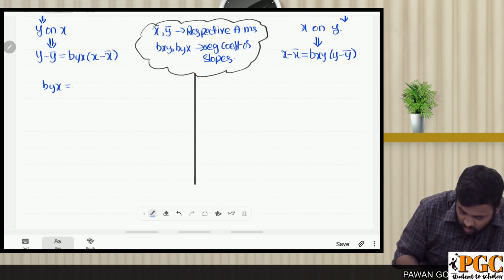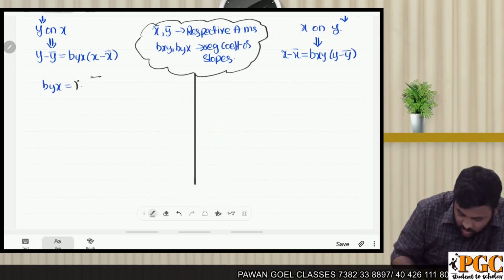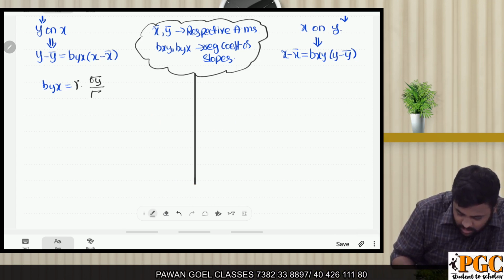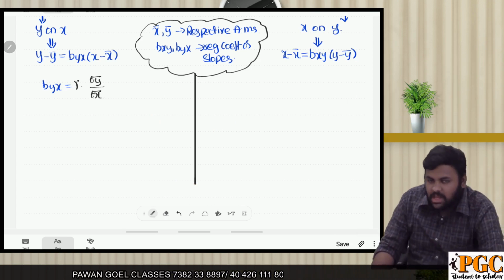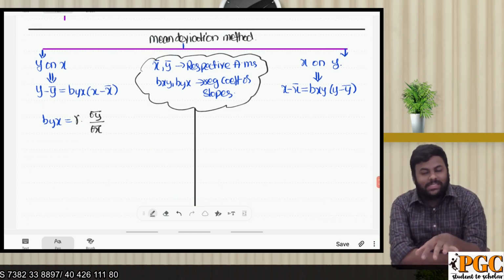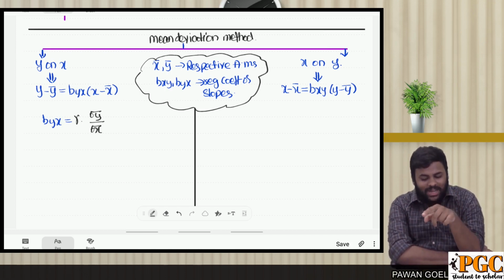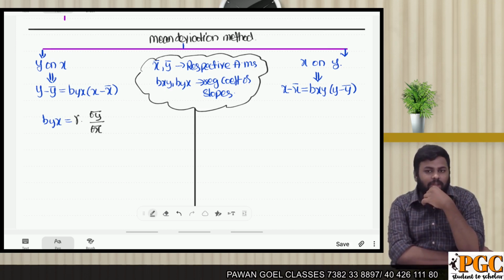Byx will be equal to, first formula, r into standard deviation of y by standard deviation of x. But before this, let me tell you one logic, my dear friends. Byx, y on x: y is dependent on x, y is the dependent variable, x is the independent variable.